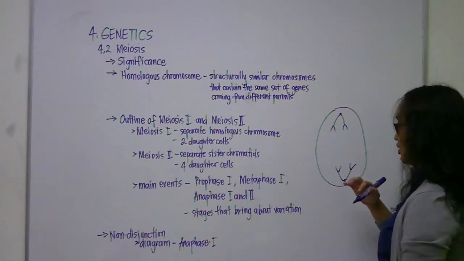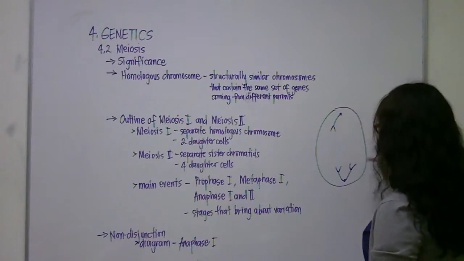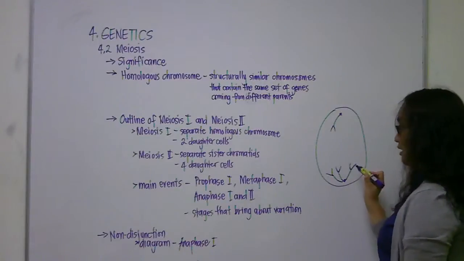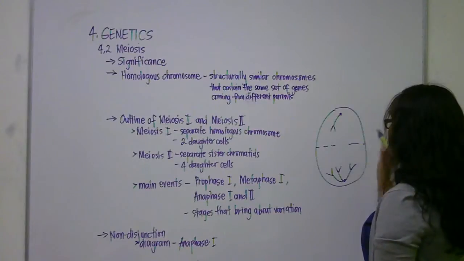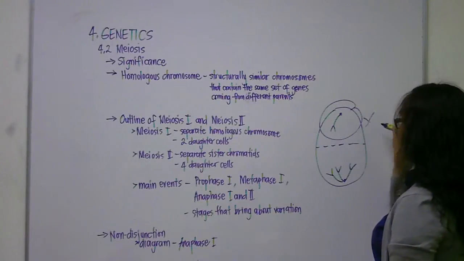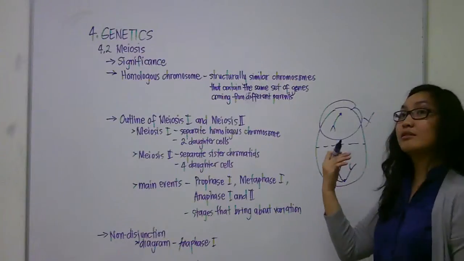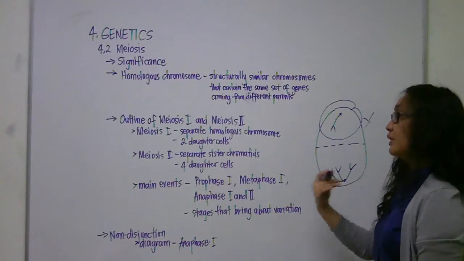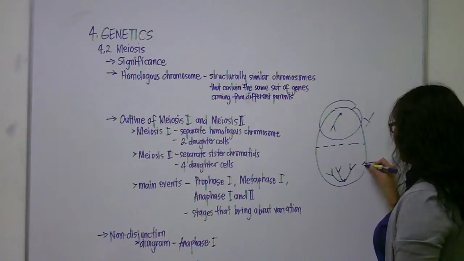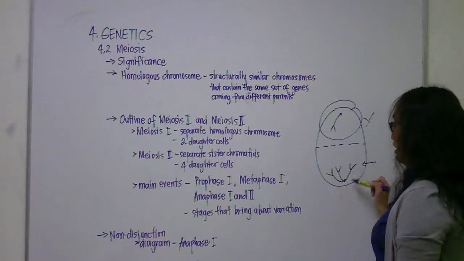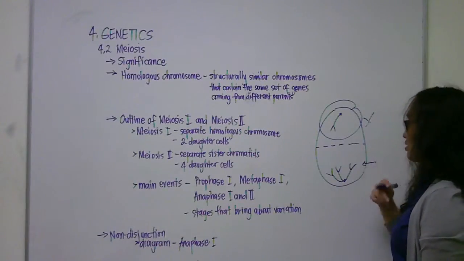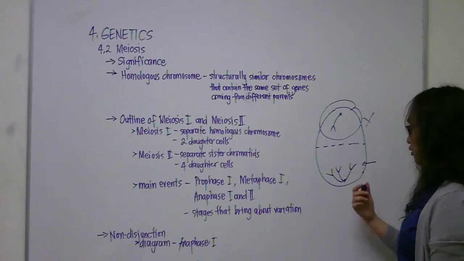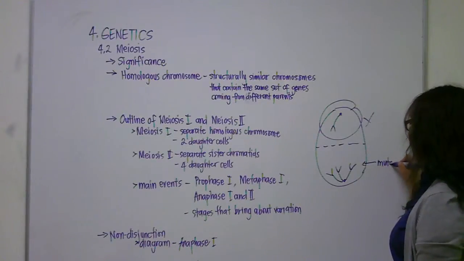But because of non-disjunction, one of the chromosomes failed to separate, and became part of one of the nuclei here. Later on, this cell is going to be rejected. It's going to degenerate because it didn't receive the complete set of chromosomes. But this one, because it contained at least two sets of chromosomes, will still survive and still be used, but there would be a mutation.